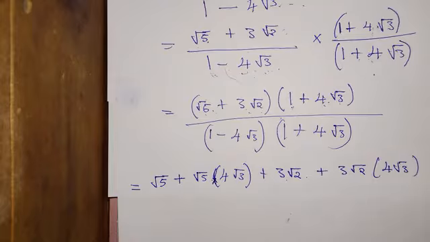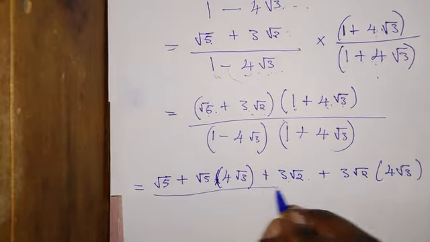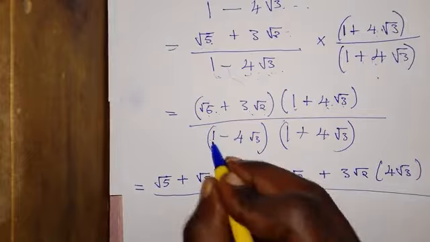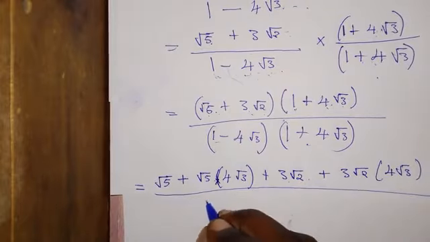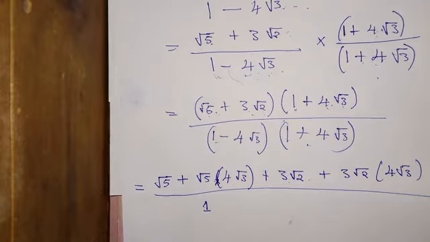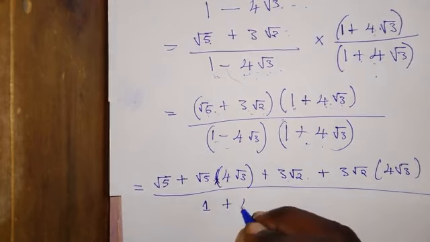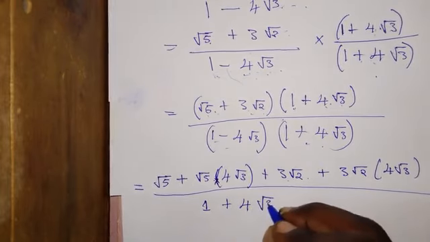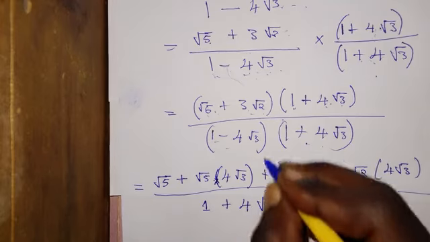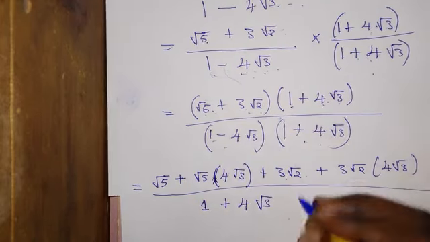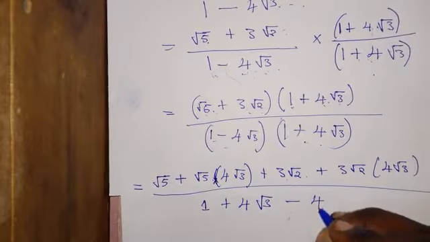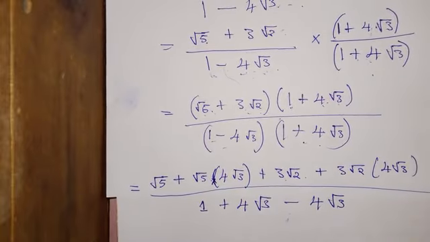That is my numerator. So this is over, what is my denominator? 1 times 1 is still 1. 1 times this guy is still positive 4 root 3. This times 1 minus 4 root 3.